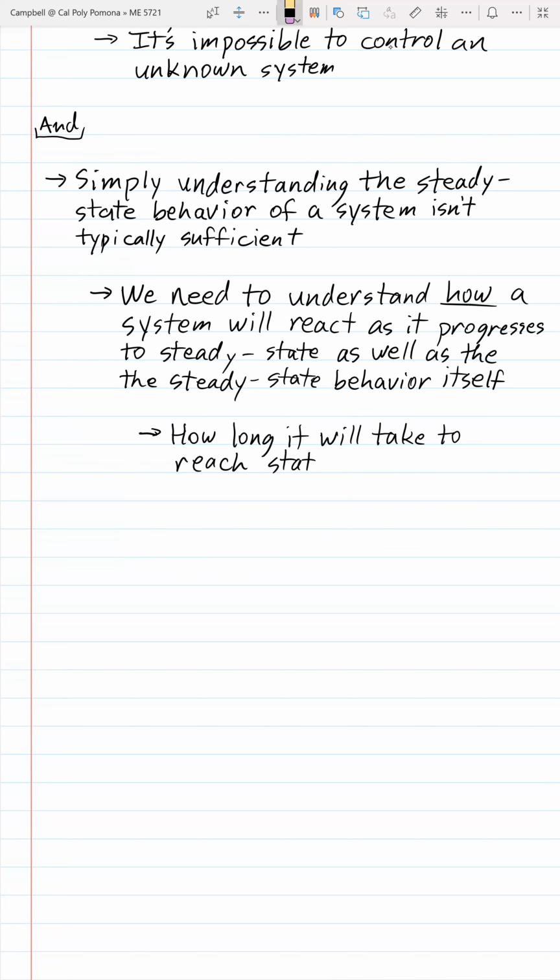Let's do steady first before we get the state in there. And of course, as you might recall, this is related to the settling time of the system.